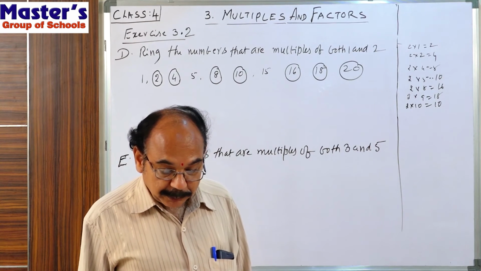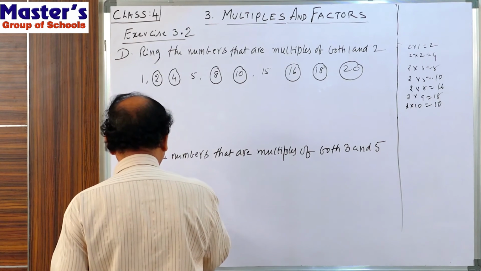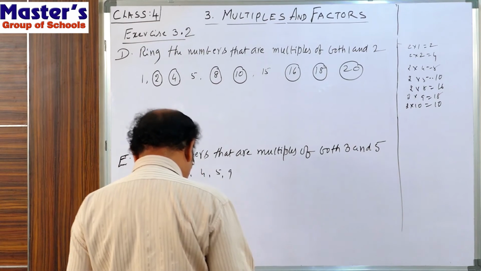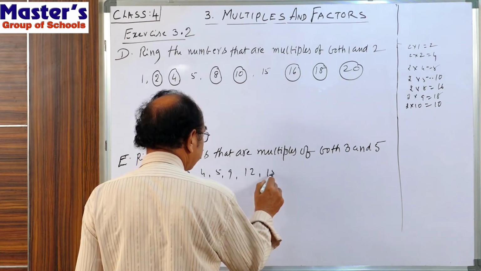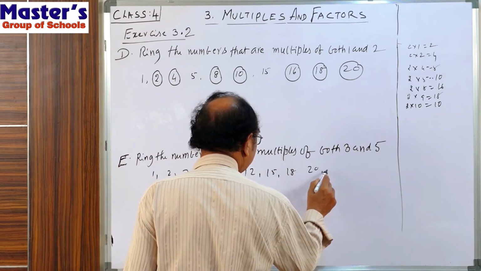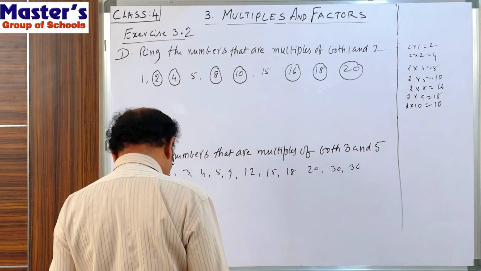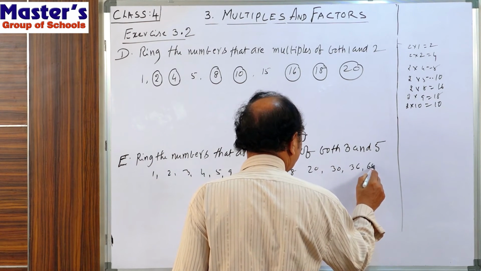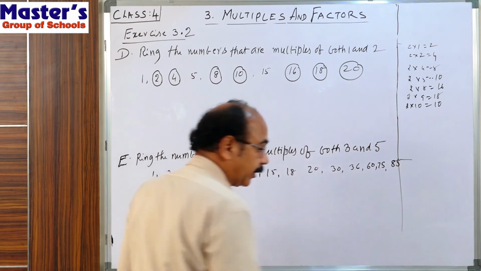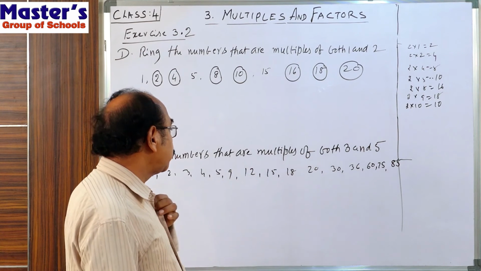What are the numbers mentioned here? 1, 2, 3, 4, 5, 9, 12, 15, 18, 20, 30, 36, 60, 75, and 85. See children, here: ring the numbers that are multiples of both 3 and 5.